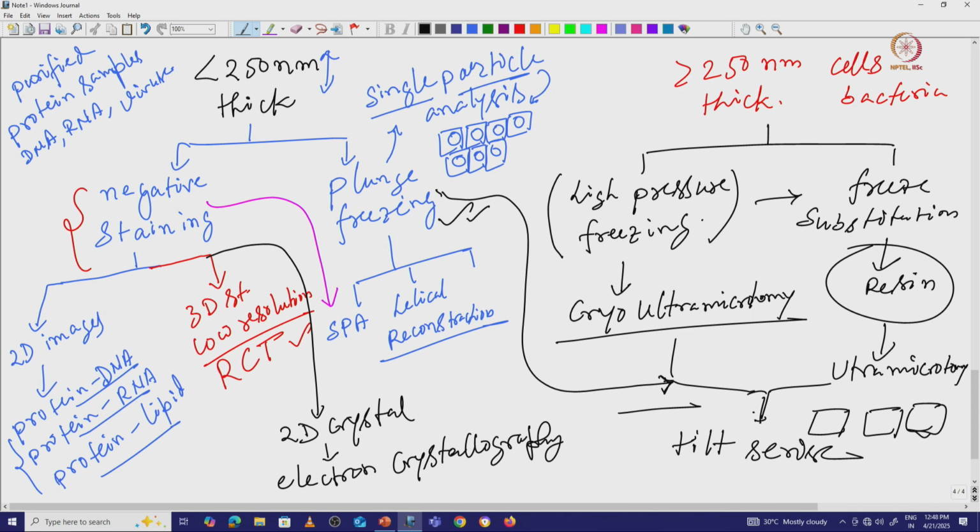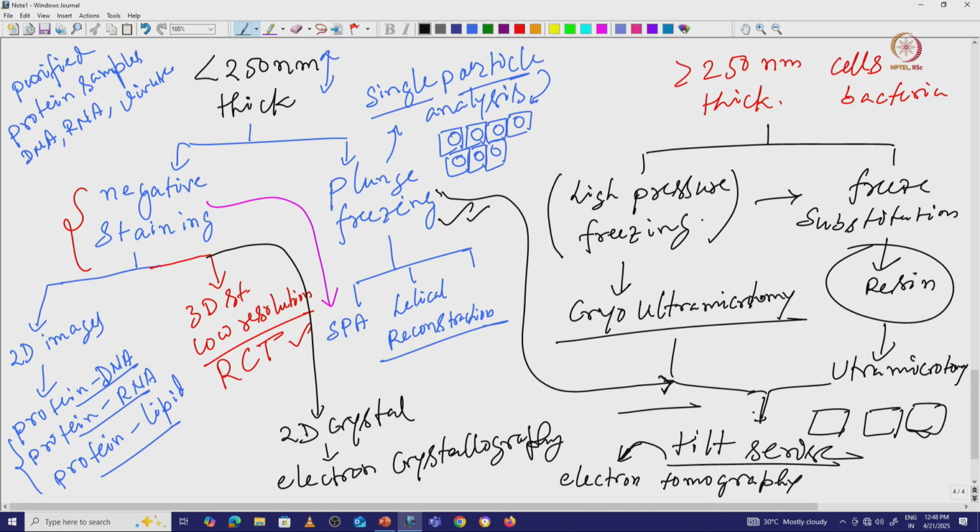So, here we can collect this tilt series and finally, we can use this for electron tomography.